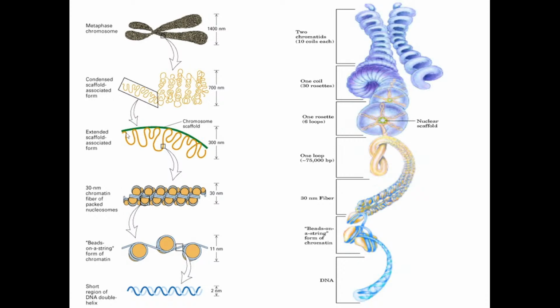The chromatin strand is folded in the next order of packing, and at minimum four orders of packing lead to the forming of a chromosome.